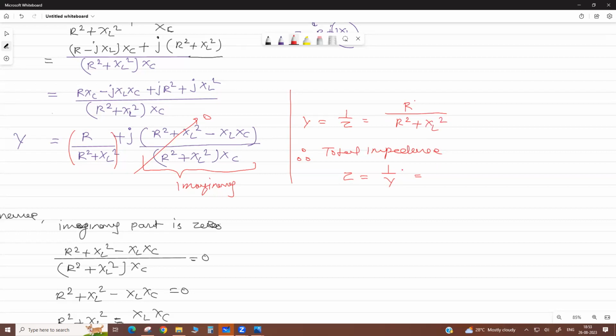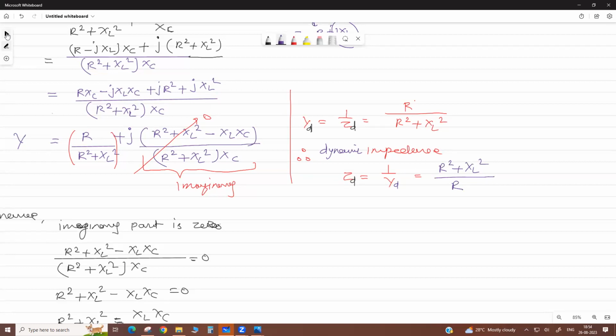Then Z equals, okay, this is called dynamic admittance. Dynamic means only effective. So it is the dynamic impedance. Therefore, dynamic impedance equals 1 by dynamic admittance, then it is R square plus XL square, the inverse of this, divided by R. Now what is R square plus XL square?